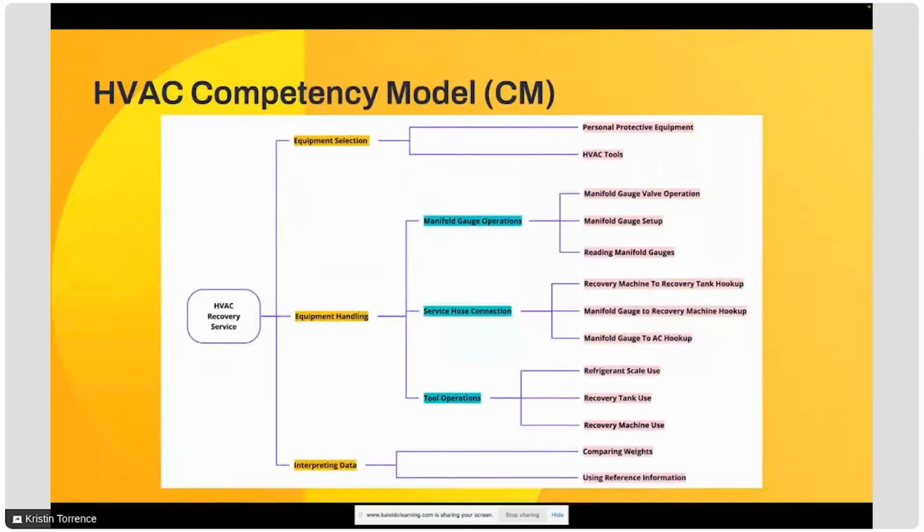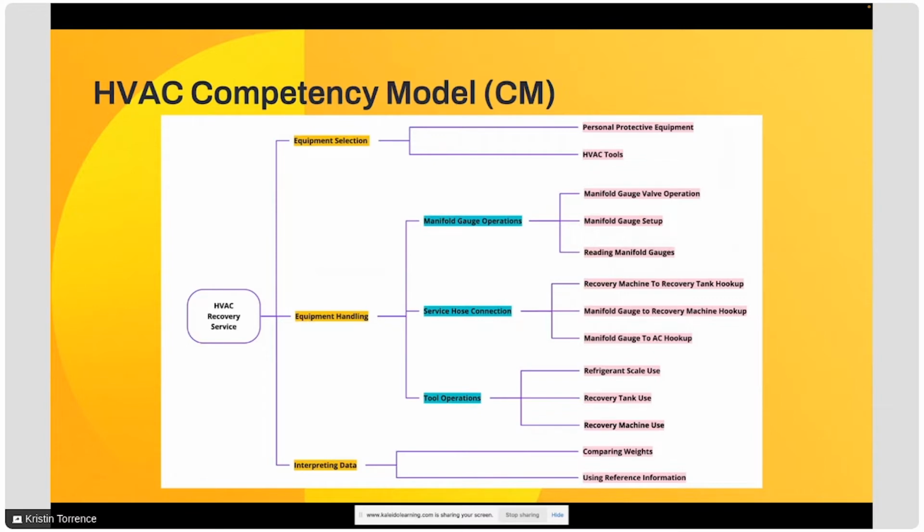Those were examples for success in a game. Now this one is a competency model for a virtual reality HVAC training. This particular one is for a specific service called a recovery service for HVAC virtual reality.